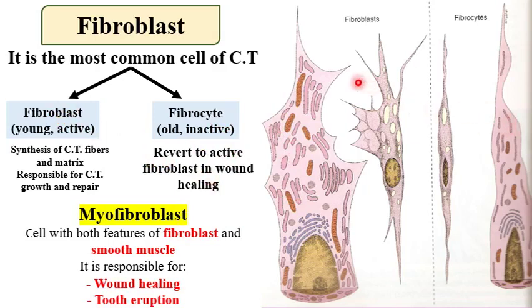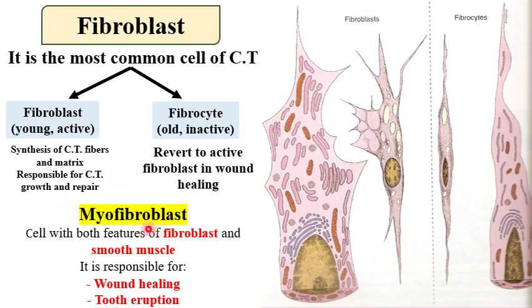Okay, this is the fibroblast and the fibrocyte. This is the active one and this is the inactive one, the young one and the old one. This cell reverts to a fibroblast in case of wound healing to facilitate this process.